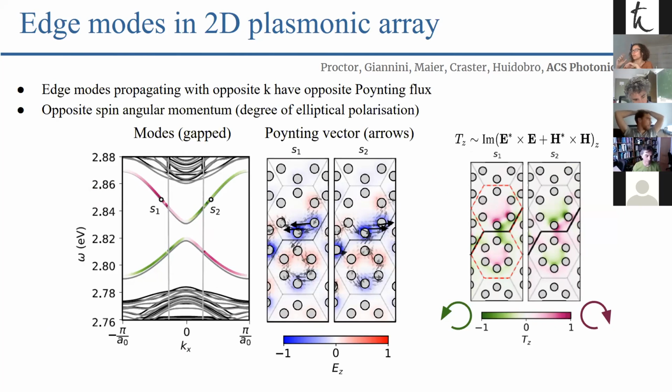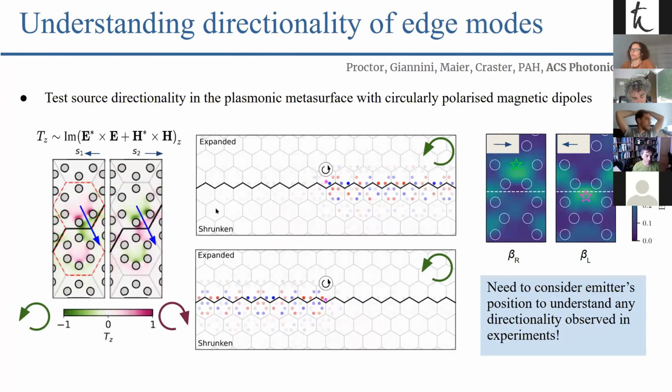Also, if we take the calculations where we studied the optimal positions to couple to one or the other propagation, and we average these beta factors, it averages basically very close to zero.